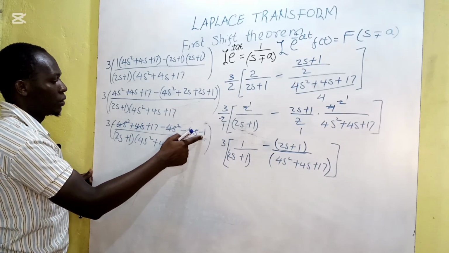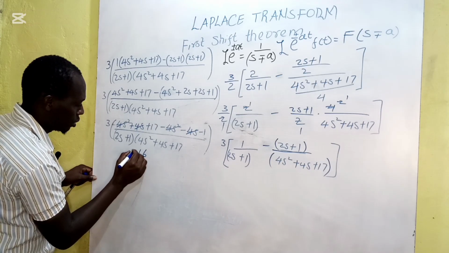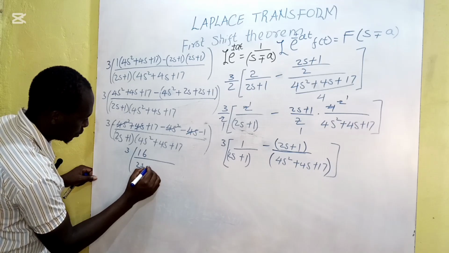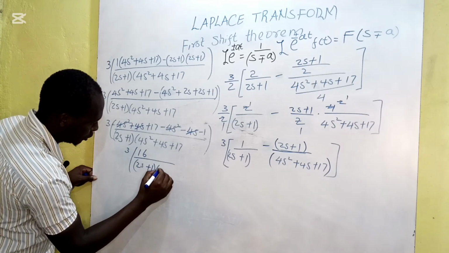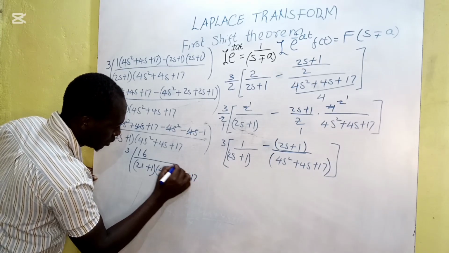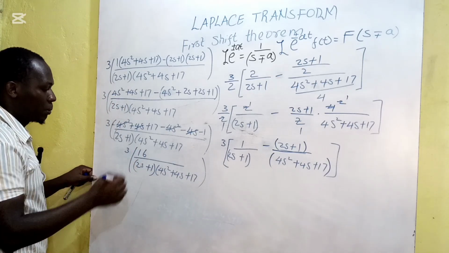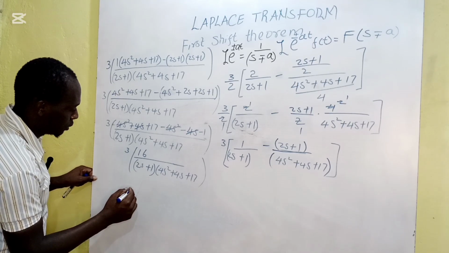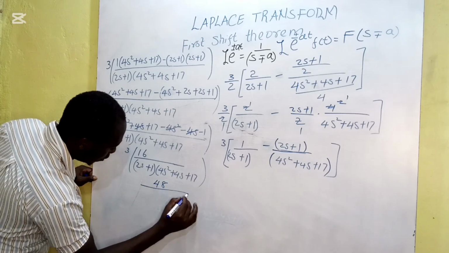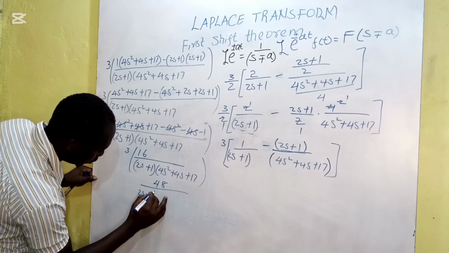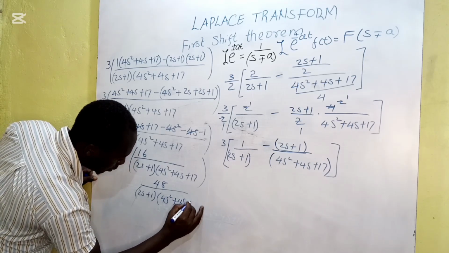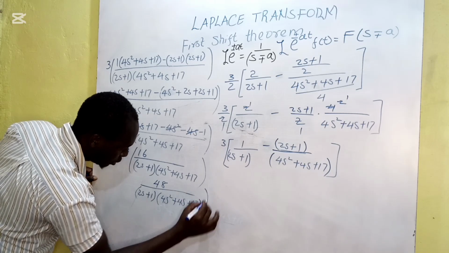Here we are going to have 16 times 3 into 2 as we add to 1 into 4s squared we add to 4 as we add to 17. 3 multiplied by that, we are going to have 48 all over 2 as we add to 1 into 4s squared we add to 4 as we add to 17.